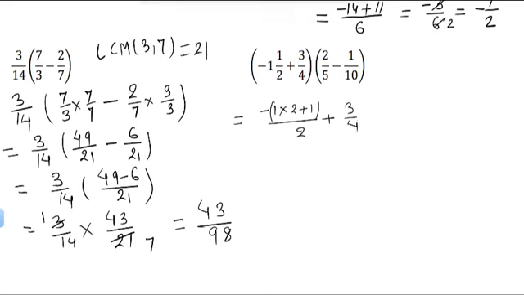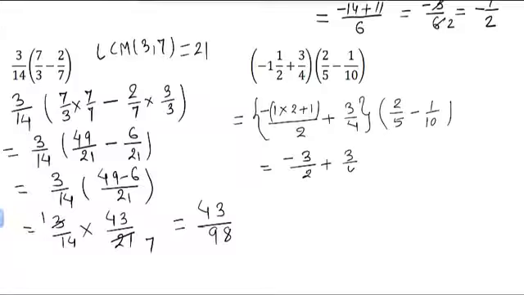So you can use the curly bracket. And here we have 2 divided by 5 minus 1 divided by 10. So simply this is now minus 3 divided by 2 plus 3 divided by 4.